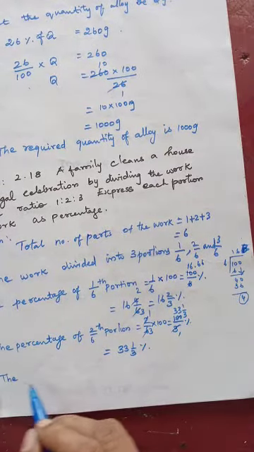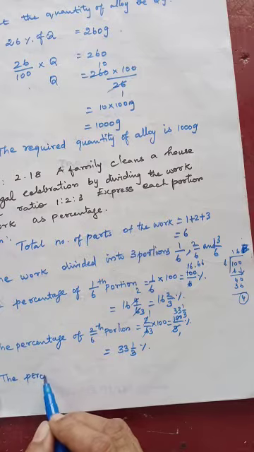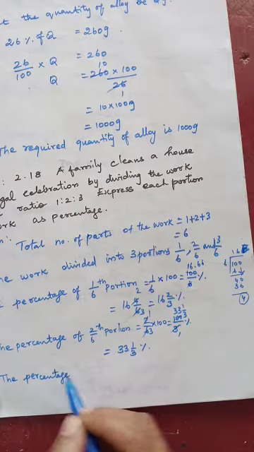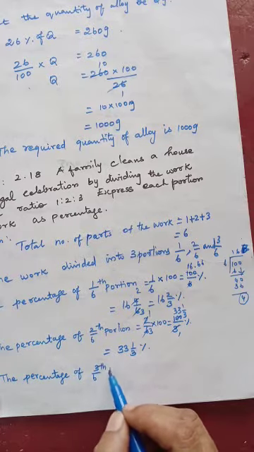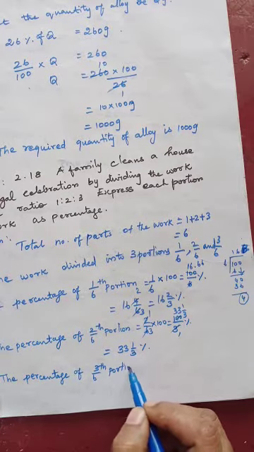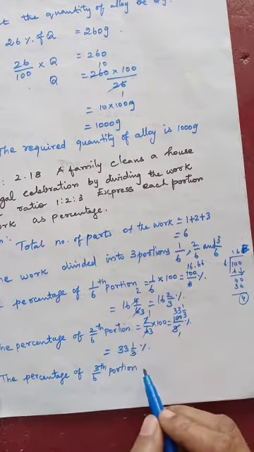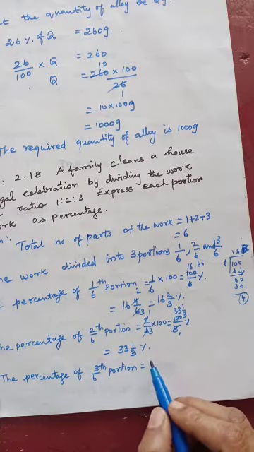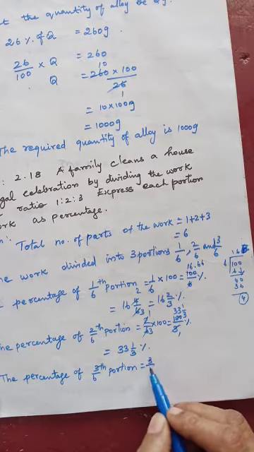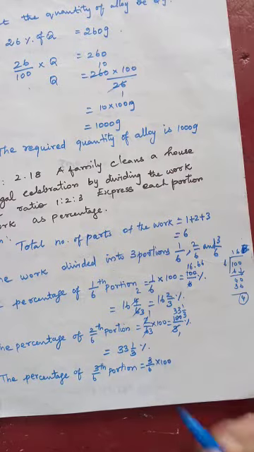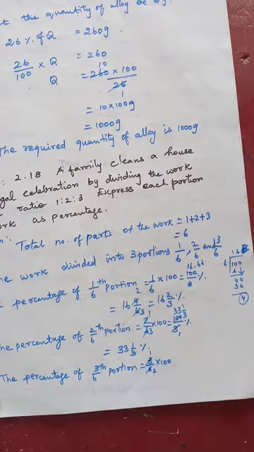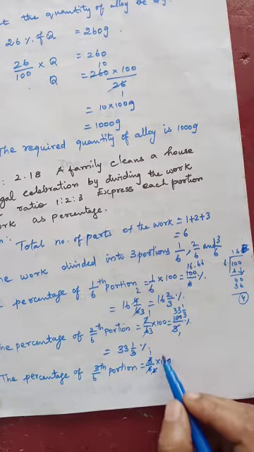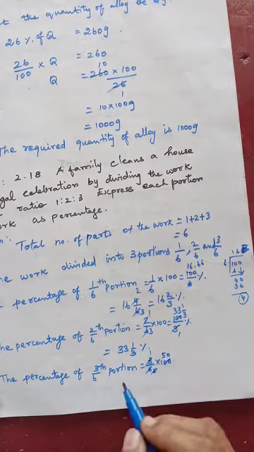Then next one, the percentage of 3 by 6th portion is equal to 3 by 6 into 100. Okay. Now you can cancel 3 times 1, 3 times 2. So 100 by 2 is 50.